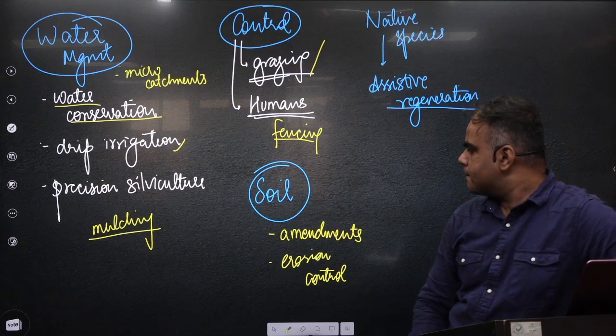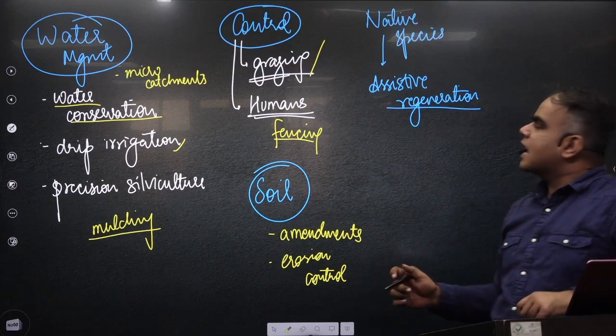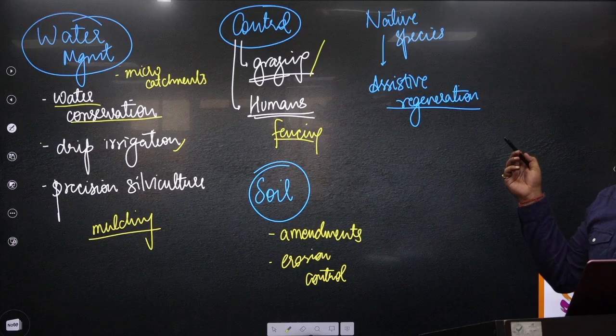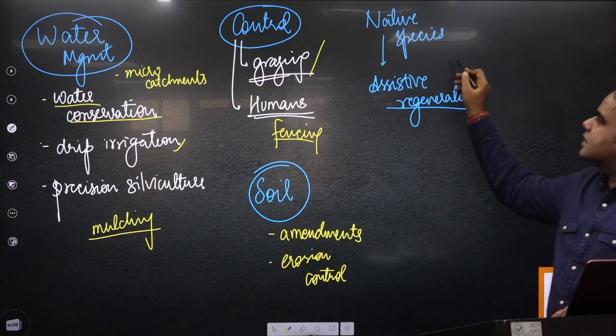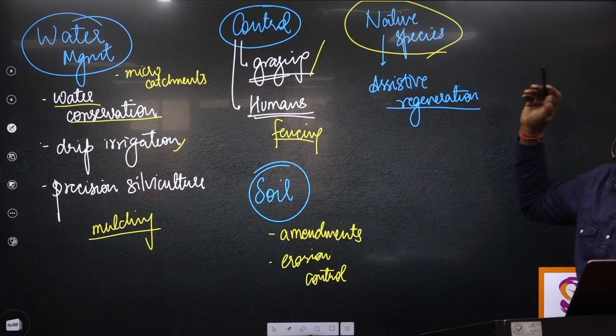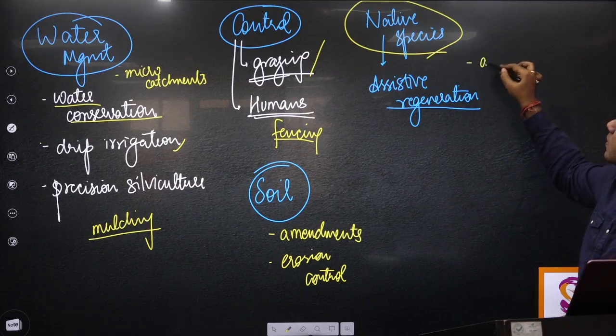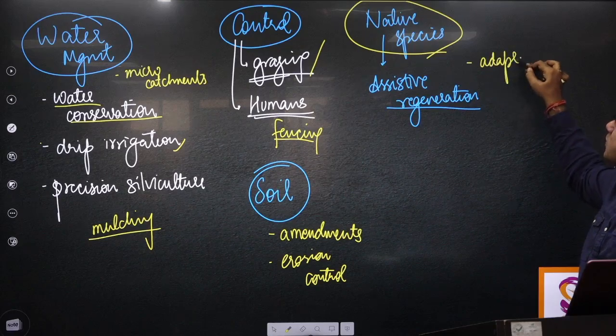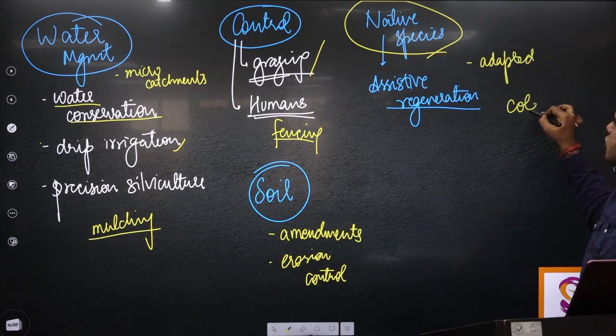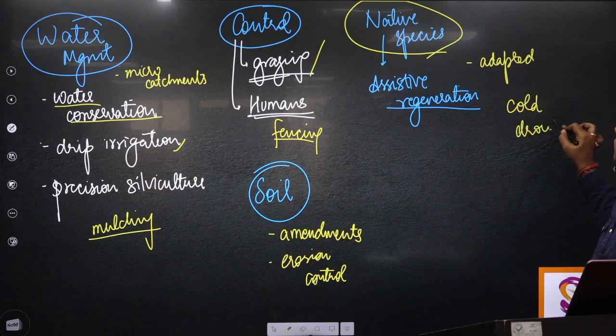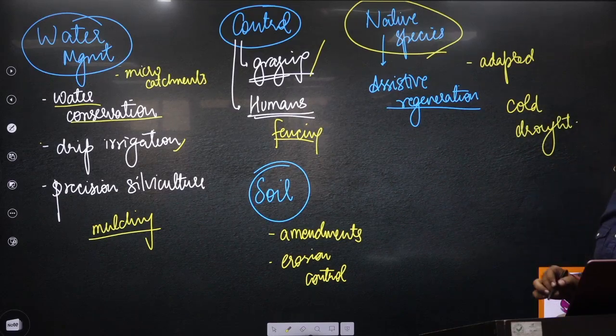Okay, then when we write about this first part here, assisted regeneration through the native species or the species that are adapted. Okay, when I say these species are adapted, which means they're adapted to cold conditions, to drought conditions. Okay, so that is what we can write here.